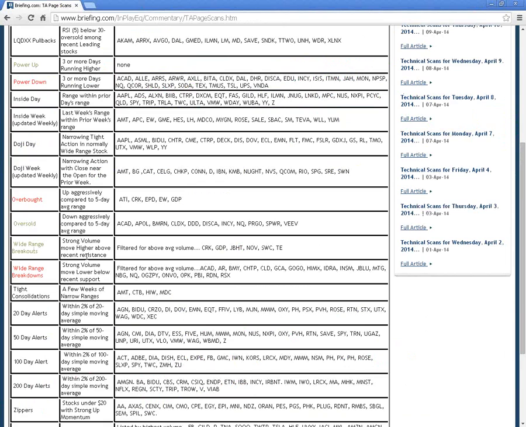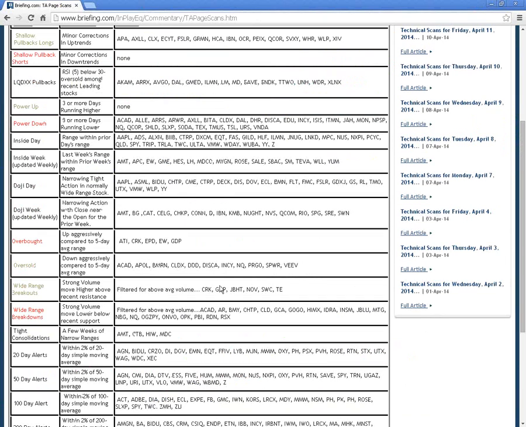If we go back to the scans here, overbought, oversold. Okay, so these are basically stocks that have moved aggressively out of their 5-day range or broke down below a 5-day low. It's usually some sort of extension move.